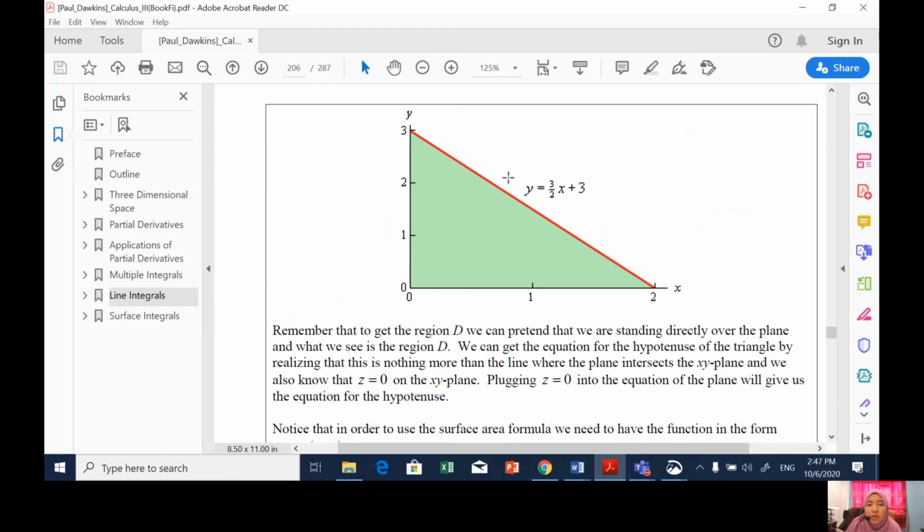The straight line for y = 3 and x = 2 is here. We can find it by using y = mx + c. So the gradient is -3/2, and c is the intersection at the y-axis. So we have this straight line equation.